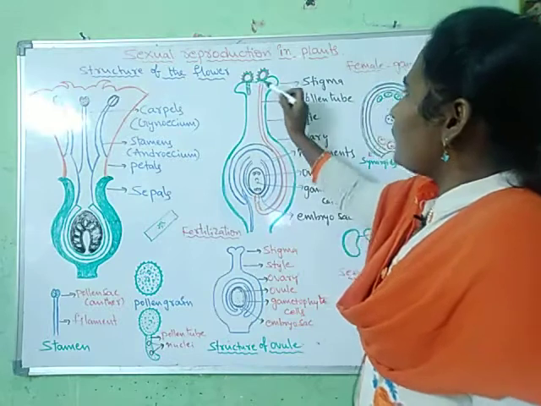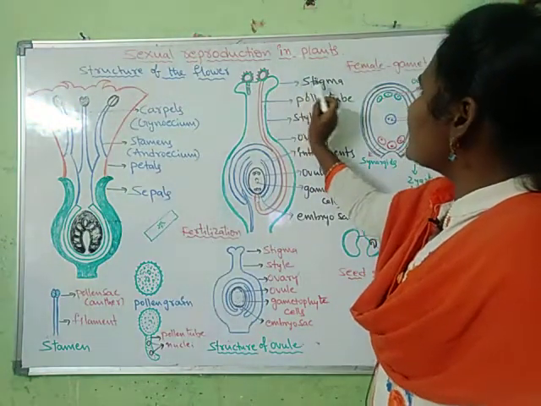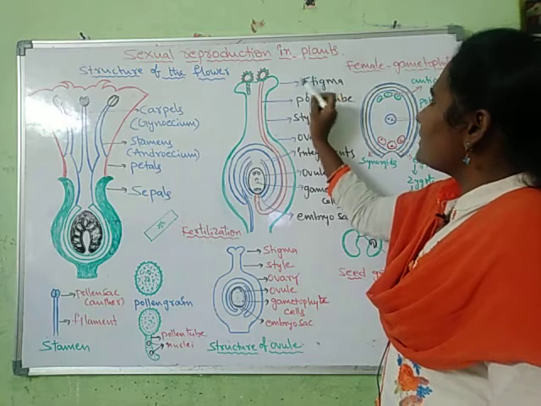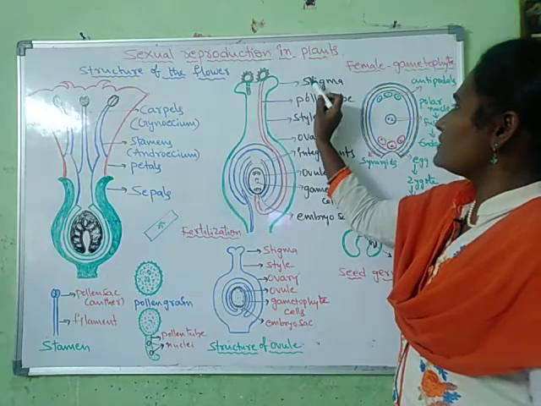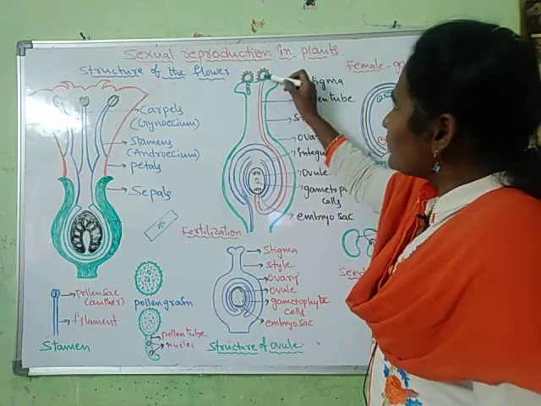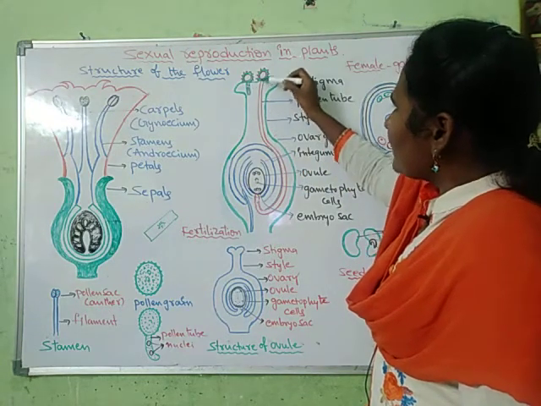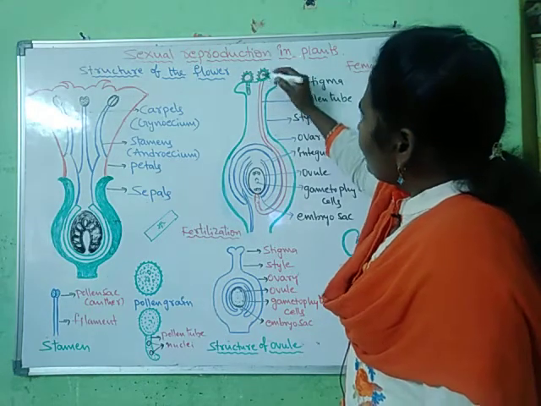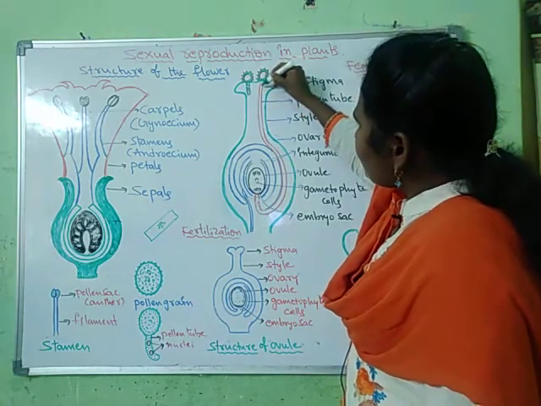When pollen grains fall on the stigma, it secretes a sticky nutritive fluid containing food and other substances. This fluid makes the pollen grain germinate. So the pollen grain forms a pollen tube, and the pollen tube contains 2 nuclei.